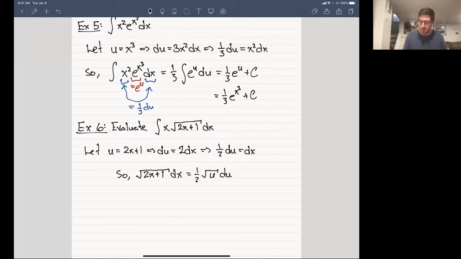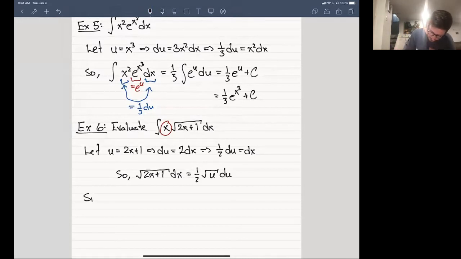But that's not the whole integral, right? There is still this x floating outside. And so the question is, what do I do with that, right? It wouldn't make sense for me to pose this in terms of x's and u's. The whole point was to get rid of the x's. So how can I get rid of it? Well, it can be kind of clever, right?